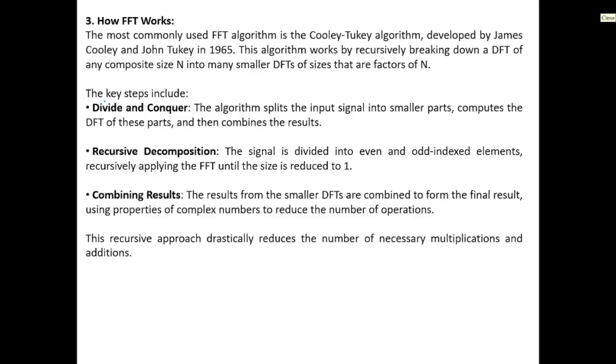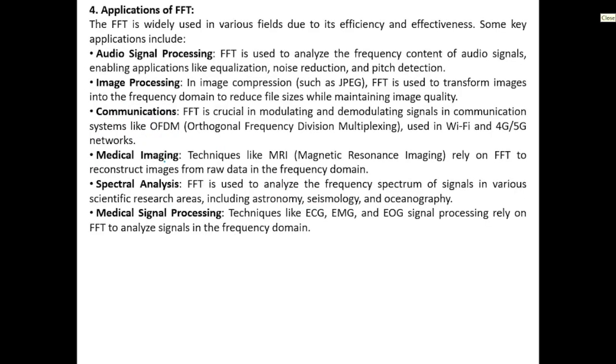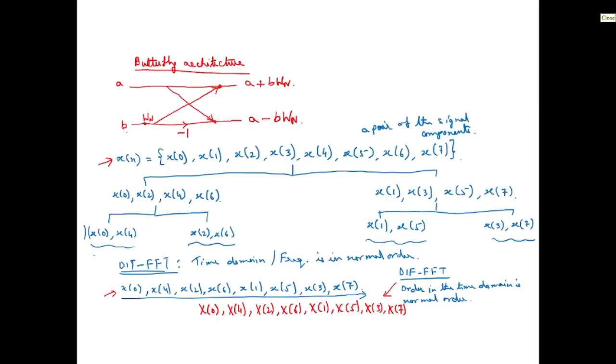It works on the rule of divide and conquer. It works on recursive decomposition of the signal, then finds the DFT for those small segments and combines the results for each of the small segments. I will show you how it is done.